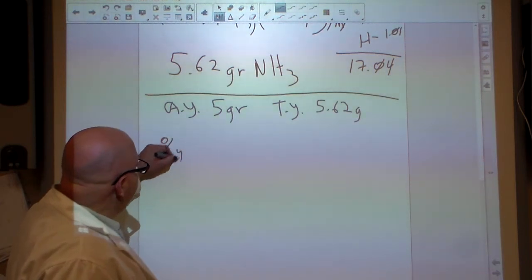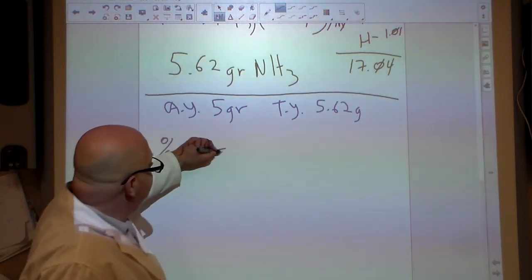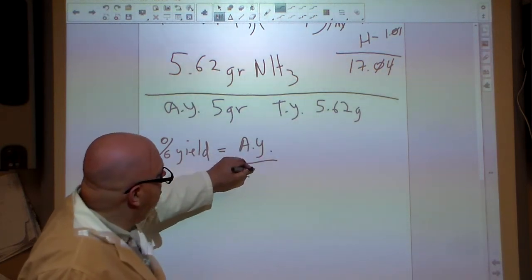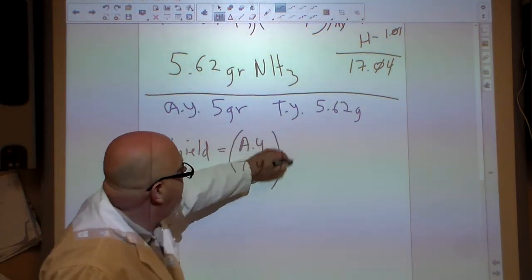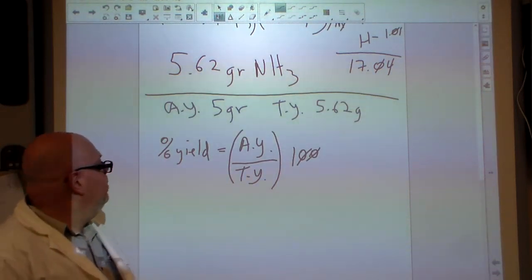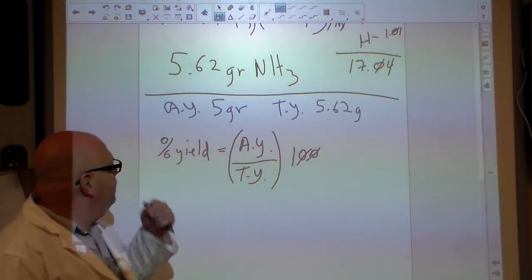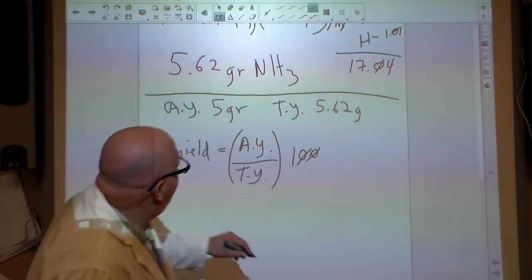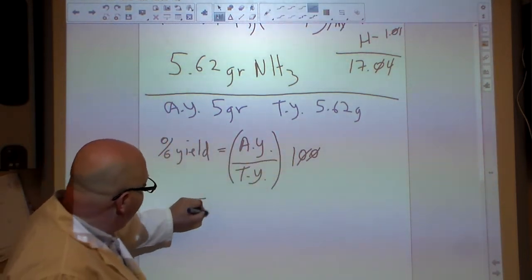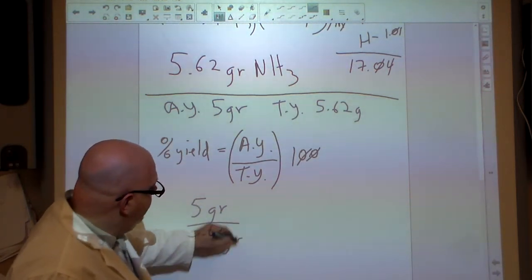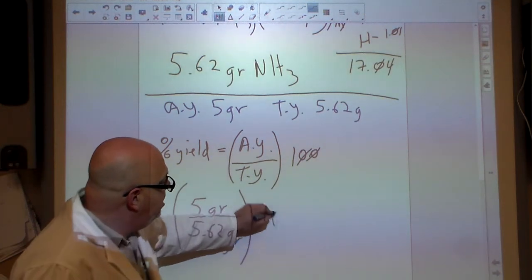Well, our percent yield is equal to actual yield over theoretical yield multiplied by 100. This shouldn't be too bad. So we have 5 grams over 5.62 grams, and we're going to multiply that by 100.